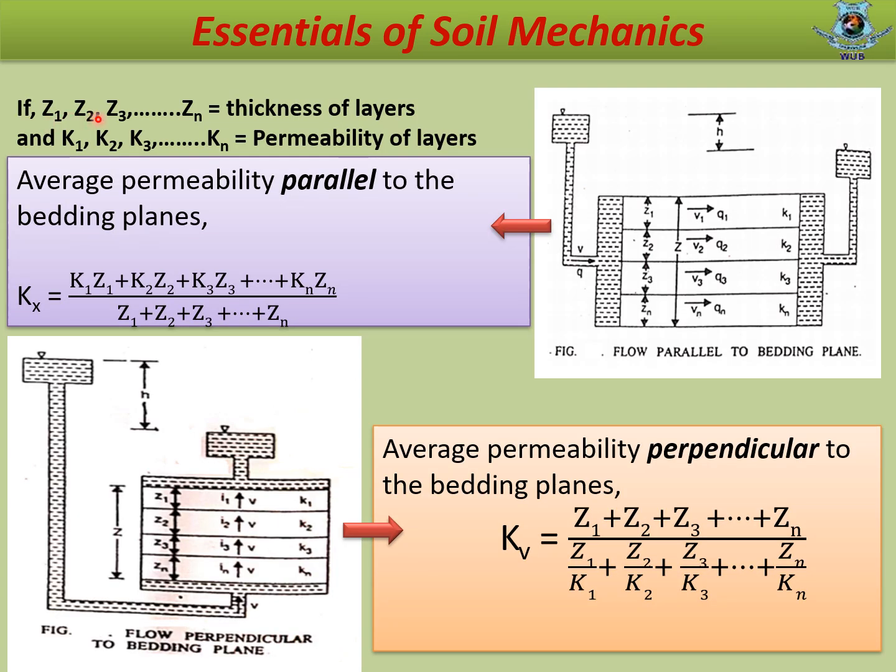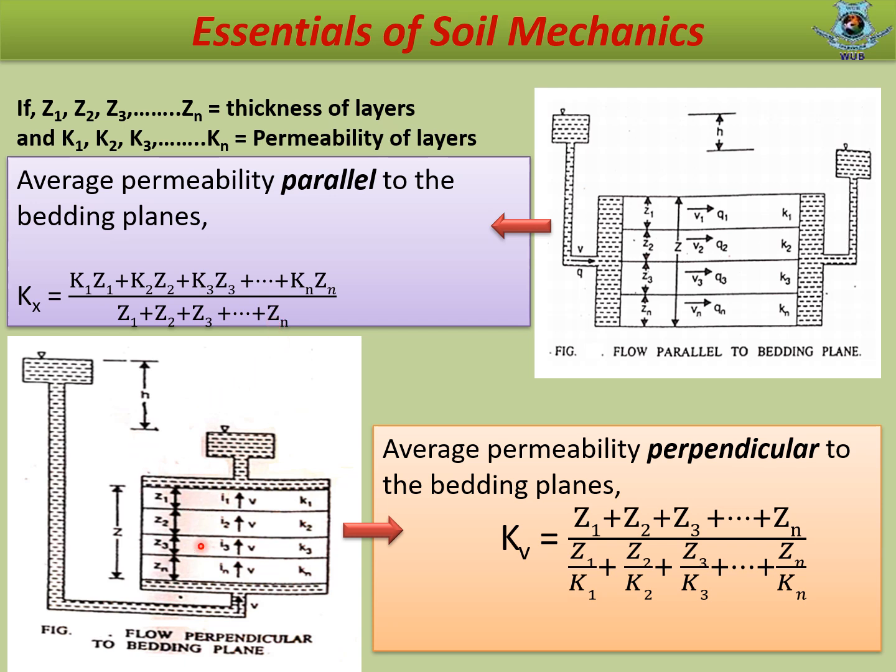If the soil layers are different and have different coefficient of permeability and thickness, the average permeability will be calculated by these two equations. When the soil is parallel to the bedding planes, then average permeability Kx will be Kx equal to K1Z1 plus K2Z2 plus K3Z3 plus KnZn divided by Z1 plus Z2 plus Z3 plus Zn.